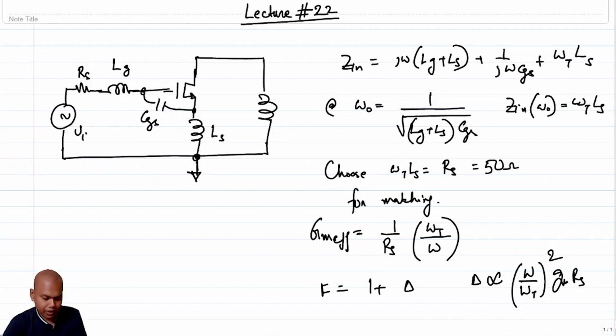Then we can get a significantly low noise figure, and in fact this type of configuration is known to give very good noise figure. Easily sub 3 dB, less than 2 dB noise figures you can get with a decent power consumption.